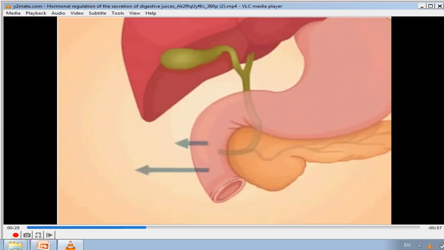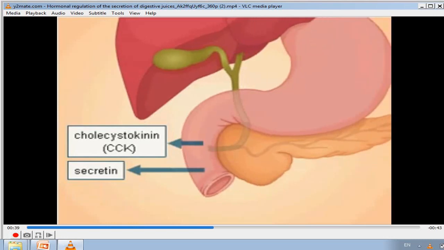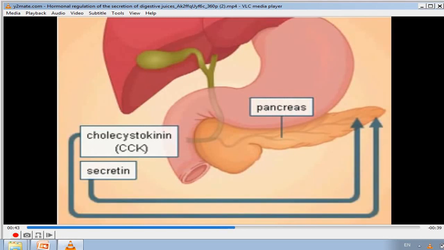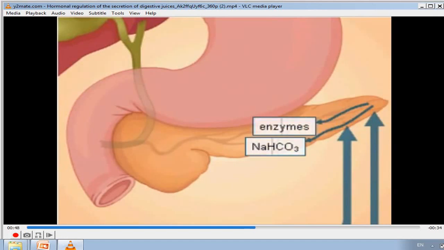The acidic contents of the stomach pass into the duodenum, where they stimulate the cells to secrete intestinal juice and two hormones, secretin and cholecystokinin. These hormones then start to circulate in the blood. On reaching the pancreas, secretin and cholecystokinin stimulate the secretion of pancreatic juice, which is rich in sodium bicarbonate, NaHCO3.